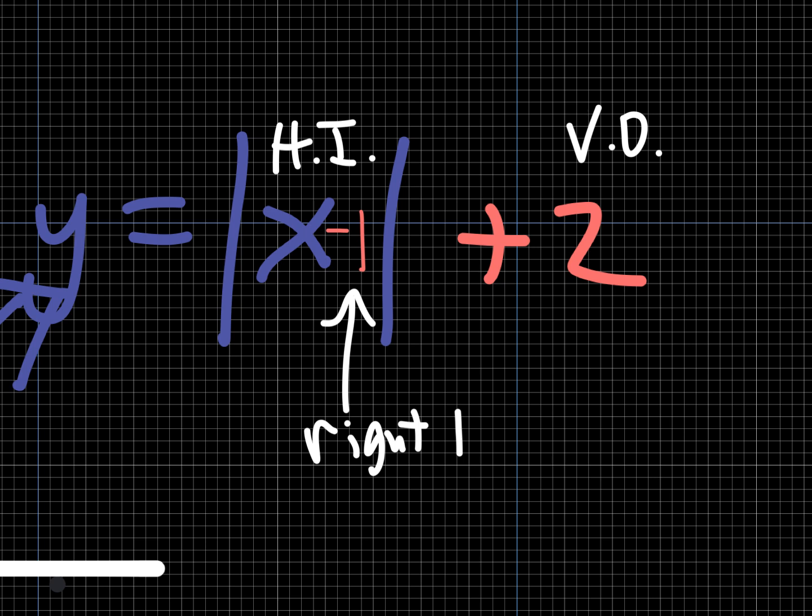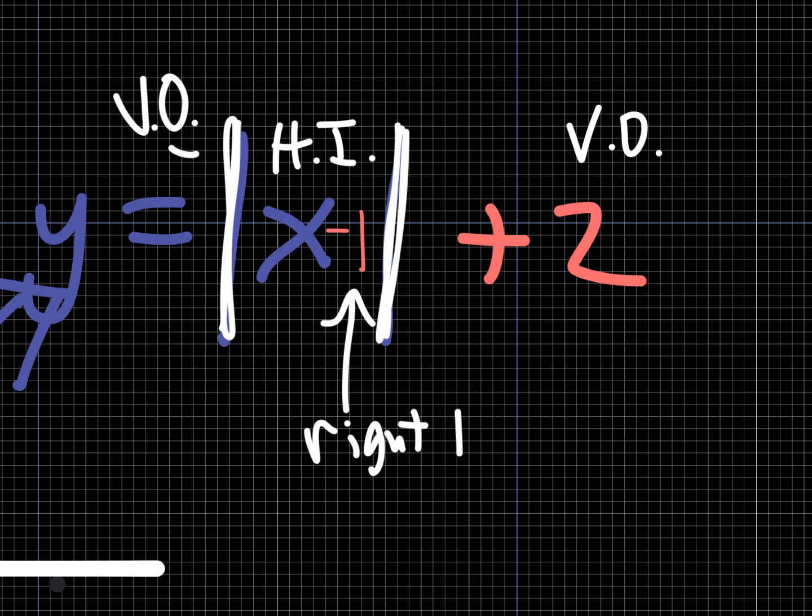So anything that's on the outside of the function, like these things, the bars, anything's outside there, that's a vertical change. And then last but not least, if there's something in the front, does that feel like it's inside or outside? It's outside, you are correct. So this is also a vertical on the outside.